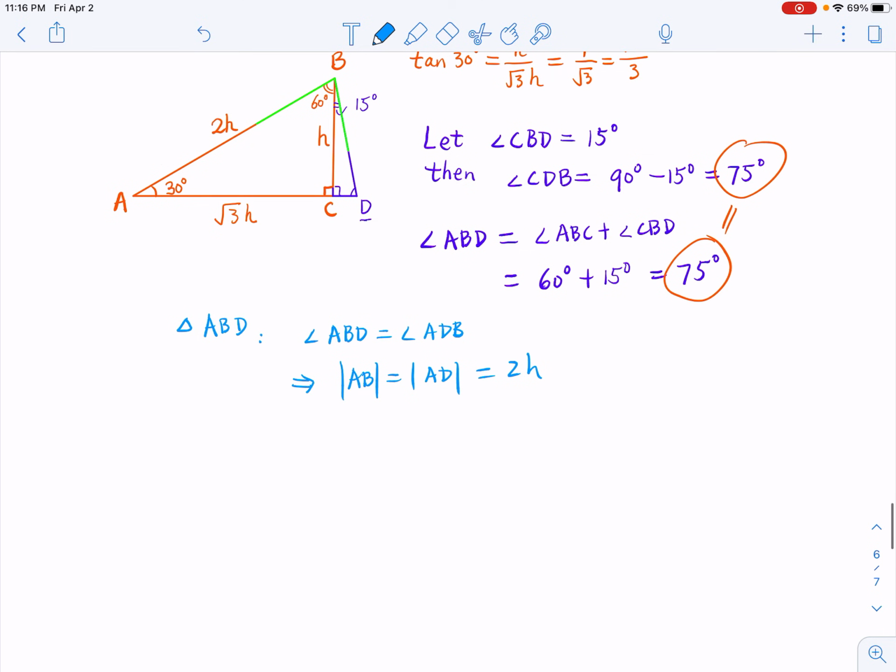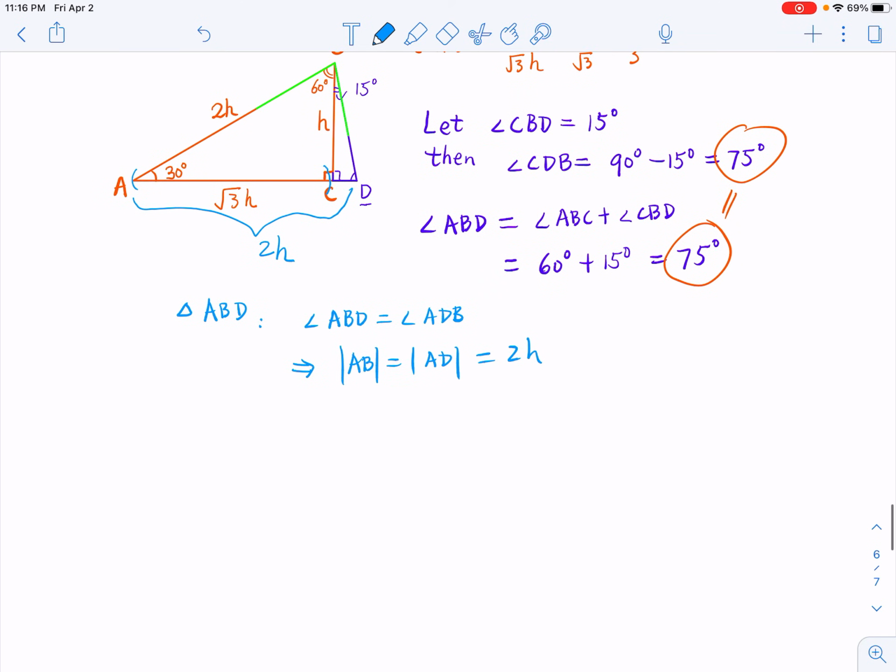Let's mark it here. The whole length here is 2H, and the length AC is square root of 3 H. So what is the length of CD? That will be the subtraction of the bigger one, AD, minus the smaller one, AC.